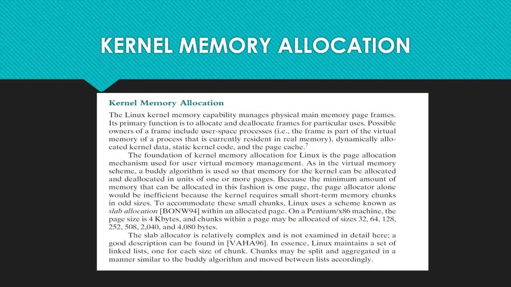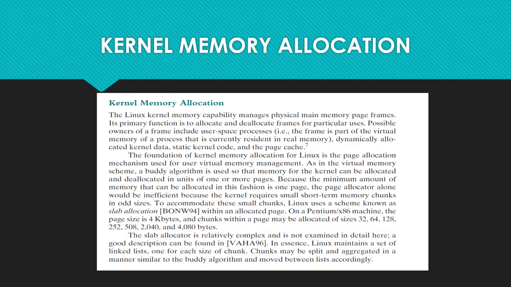The page allocator alone would be insufficient because the kernel requires small short-term memory chunks in odd sizes. To accommodate these small chunks, Linux uses a scheme known as slab allocation within an allocated page. It's just like a book having different page numbers in simple terms.